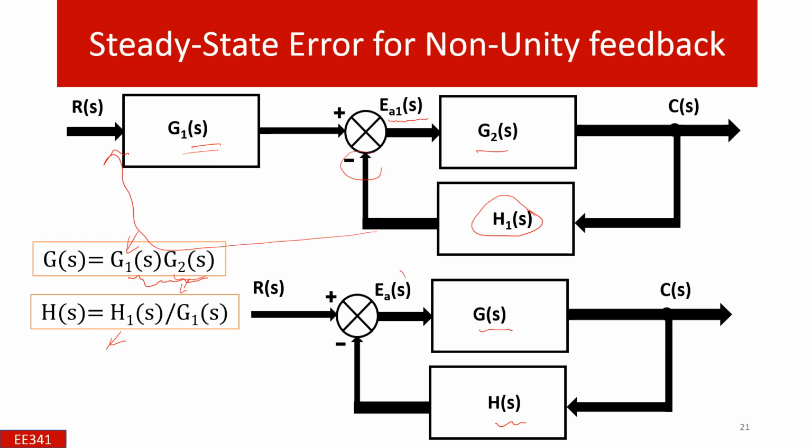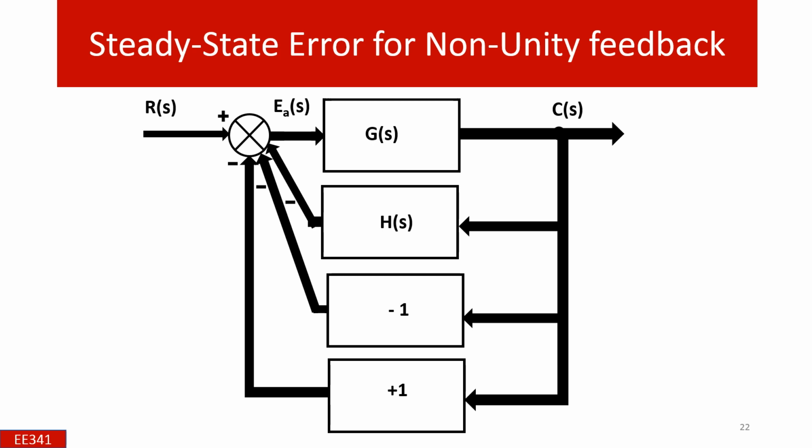Here this actuating signal is different from the previous one, which is E sub A in the s domain. This is not the error signal, because we define the error signal as the difference between input and output. Here we cannot find the value of the output C(s). It is something like the transfer function times the input value. So it is different from the previous case.